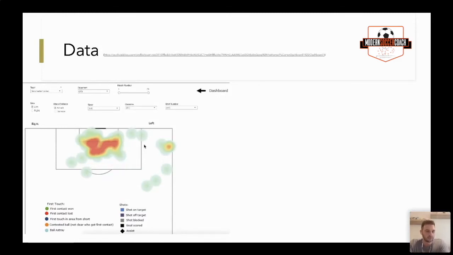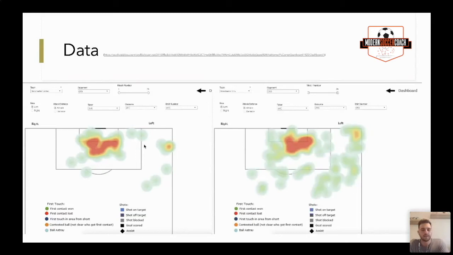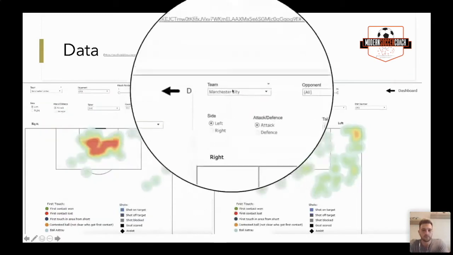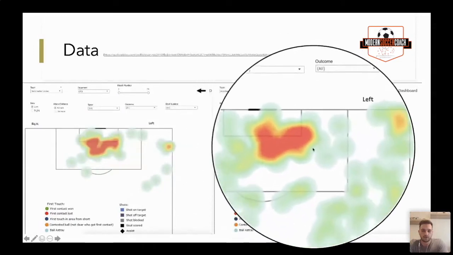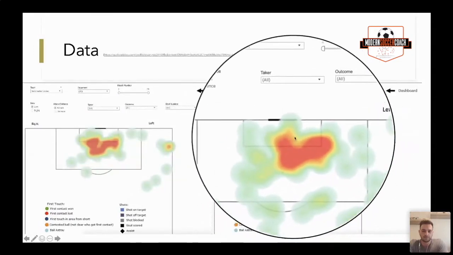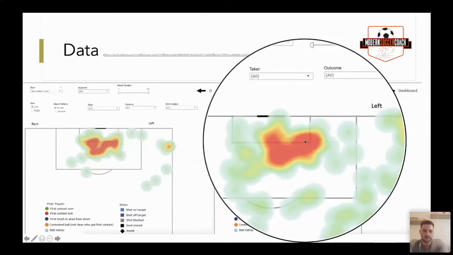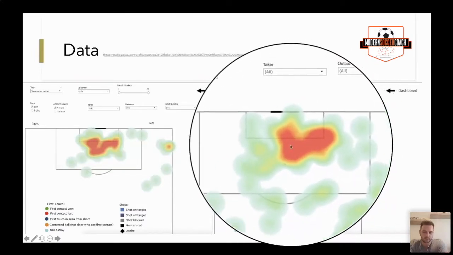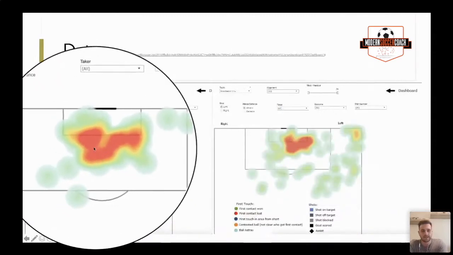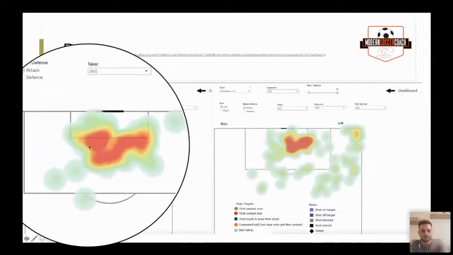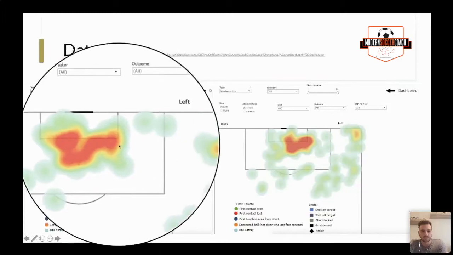So this was from Manchester United, and this is from Manchester City, where you can see that they concede the first touches and the shots at the near side, in most cases in front of the 6-yard box, which is kind of the same area where Manchester United also concedes the most shots.